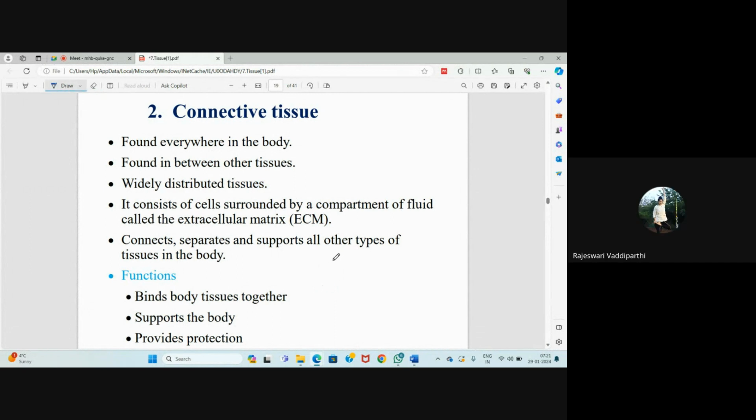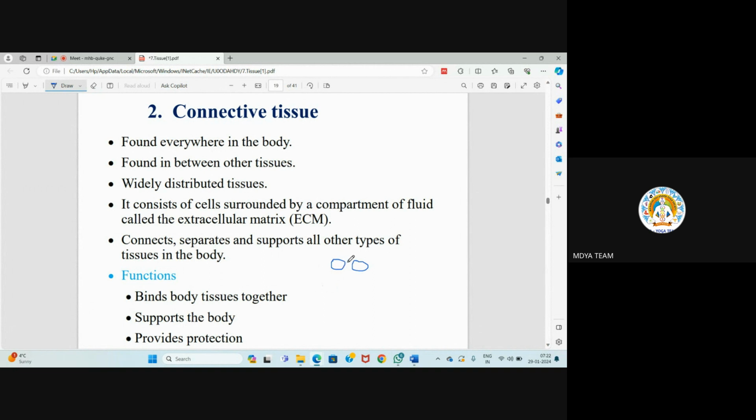No, it's not like that. Just see on the screen. For example, this is one cell and this is another cell residing just beside one another, and in between them some space is present. Between all cells there is some space, and this space is filled by extracellular fluid.